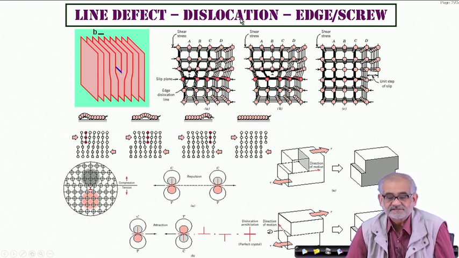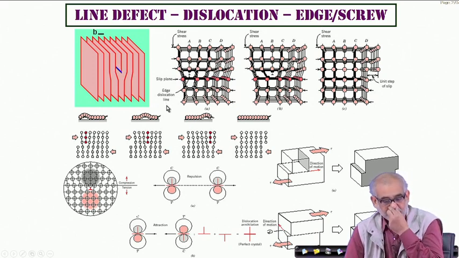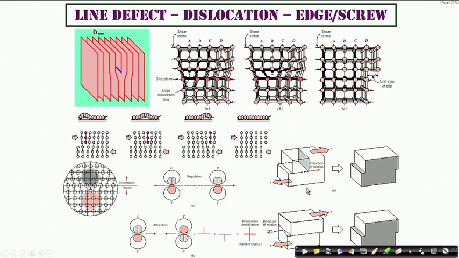And these line defects, by definition or convention, can either be an edge dislocation, which is what we have discussed now. You can also have a situation where, because of certain twisting of the crystal, you see the creation of another kind of dislocation, which is called a screw dislocation.